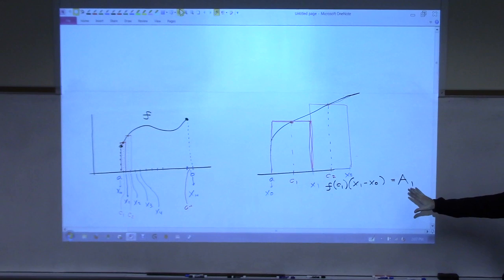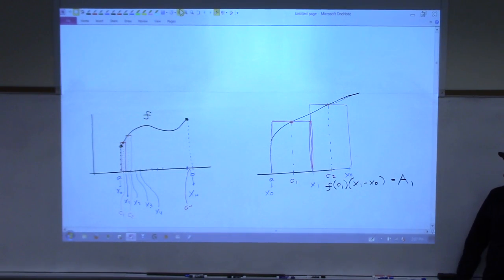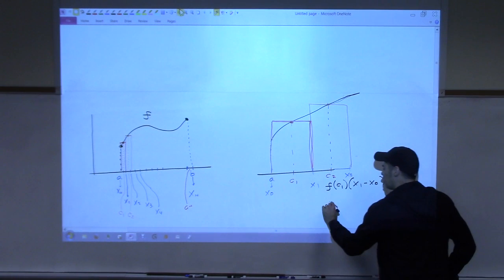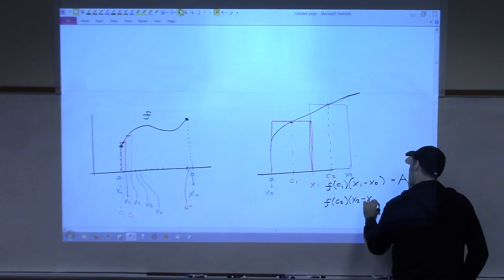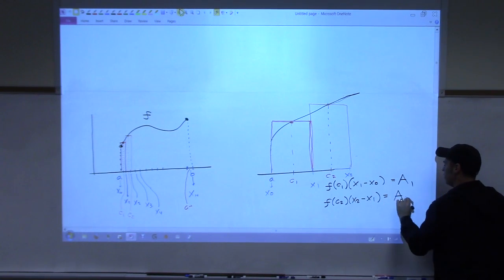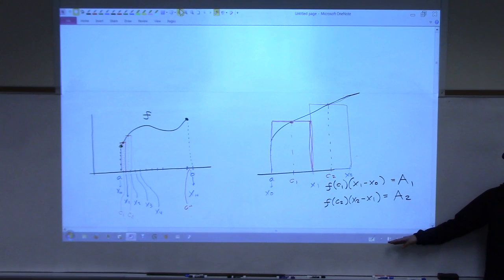Can you tell me by looking at this what the formula for the next rectangle will be? F of c sub 2, x sub 2 minus x sub 1. That's the area of the second rectangle. And I continue this, right?